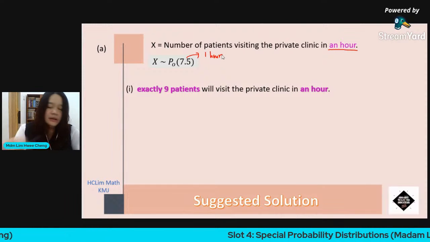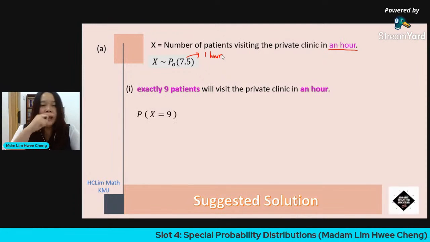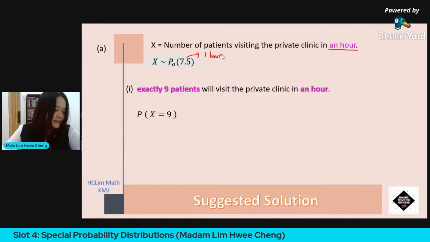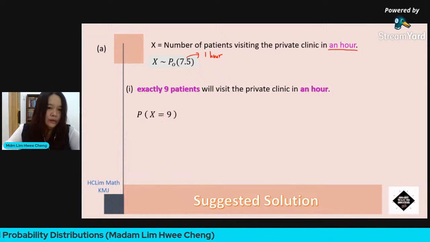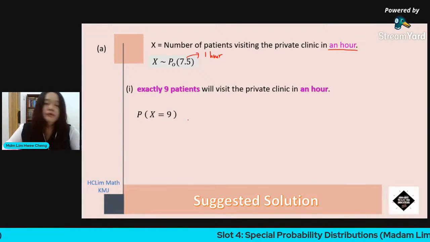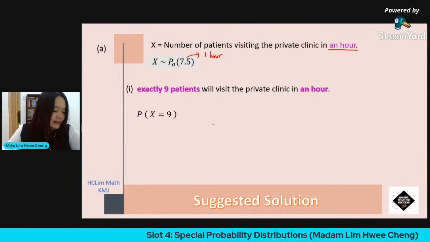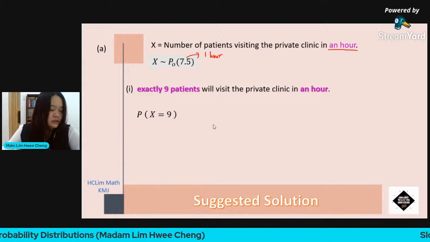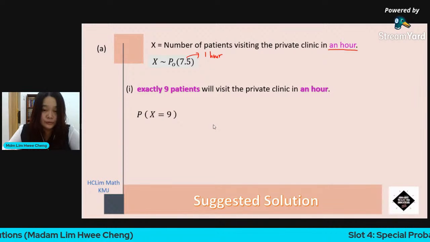Question 1, exactly 9 patients. So just now we said that if it is exactly, we convert into the equal sign, equal to 9. For these cases, you may either read from the Poisson table or use the Poisson distribution probability formula also can. I will show you both answers.